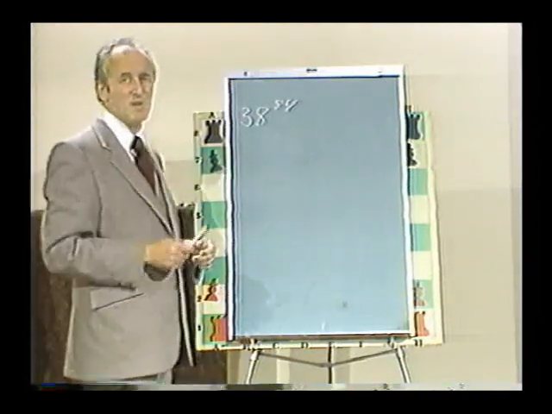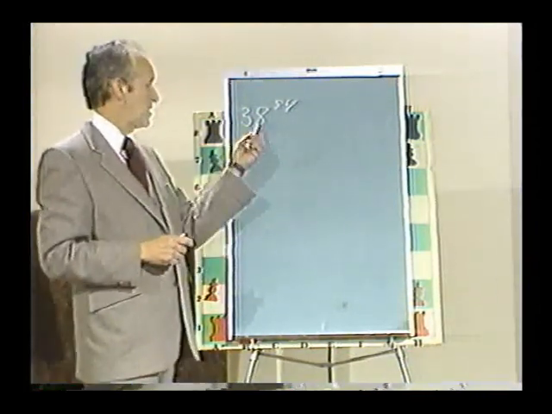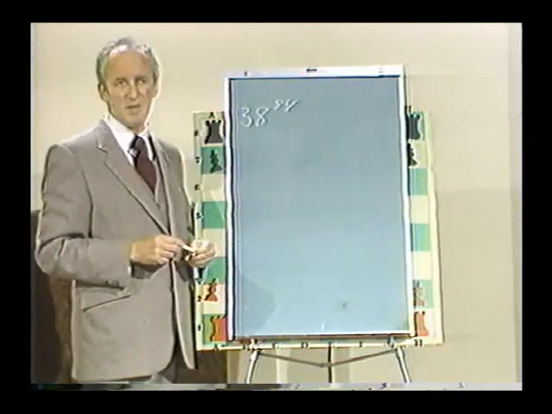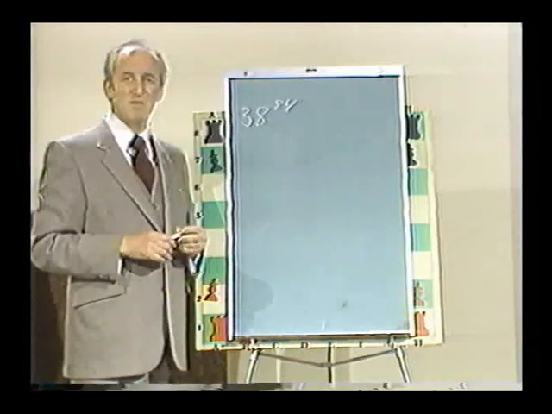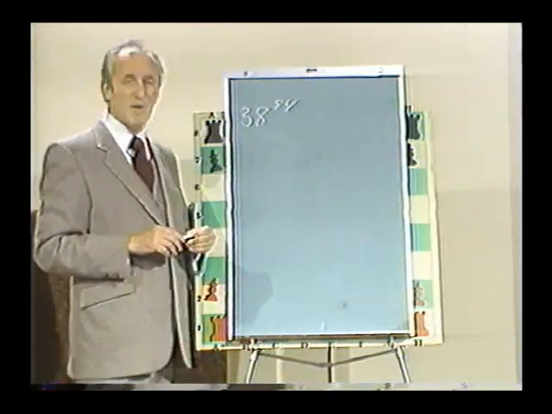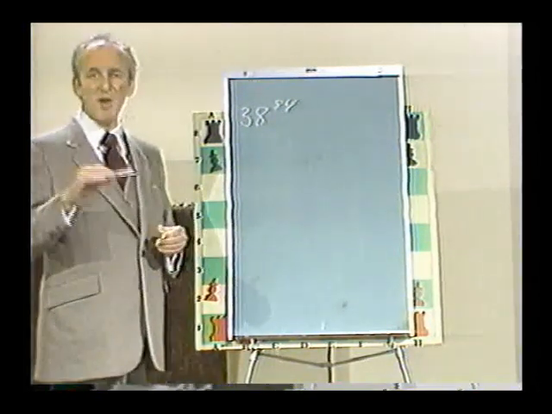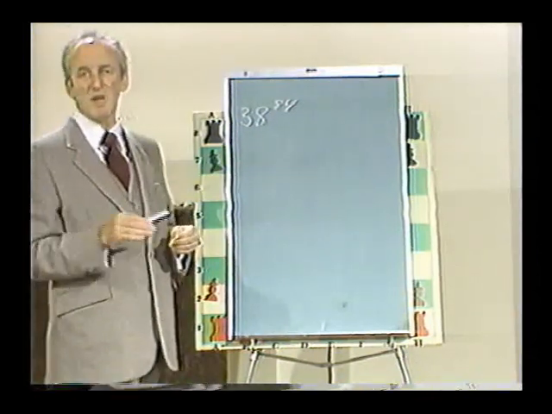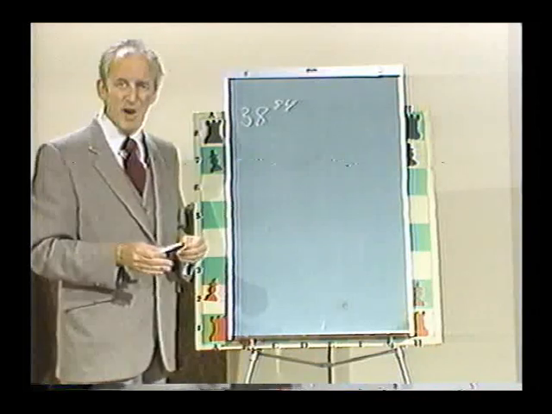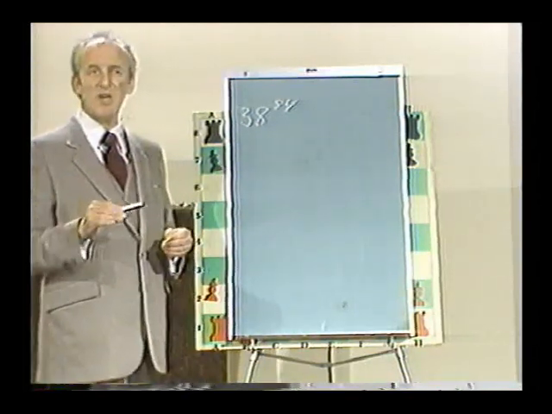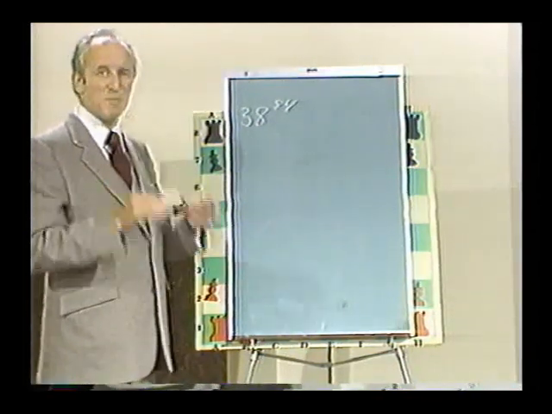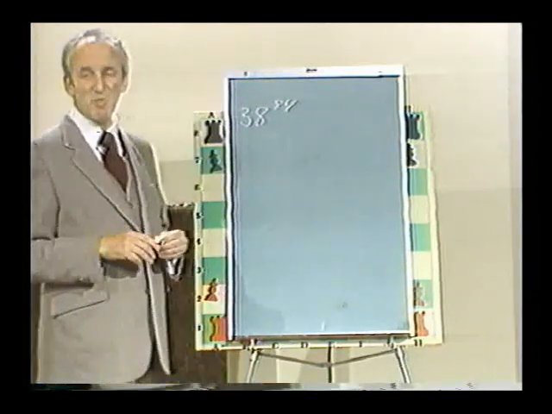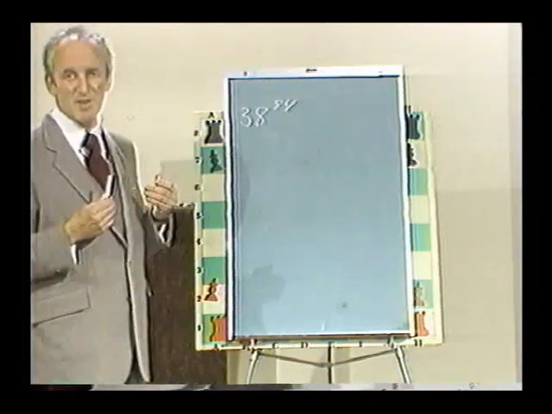So even a computer nowadays is not capable of figuring out the number of variations from any position. So the way computers are arranged, they have cutoff points. In other words, they will think for 5 minutes or 10 minutes or 11 minutes, and then they'll cut off, and they'll choose the best variation that they have thought of up till then. That's for a computer. How much more difficult it is with mere mortals.